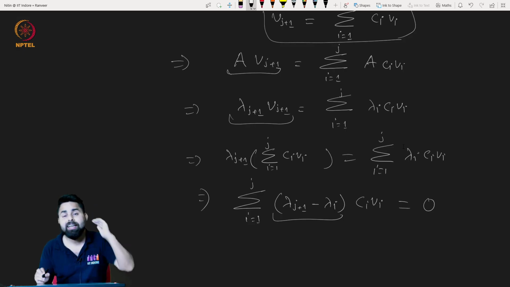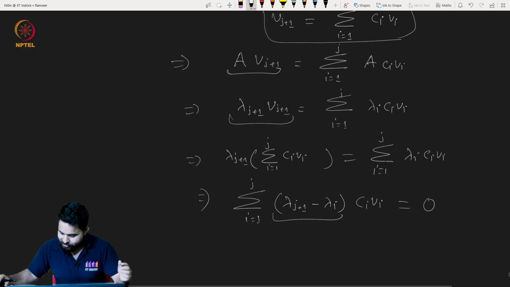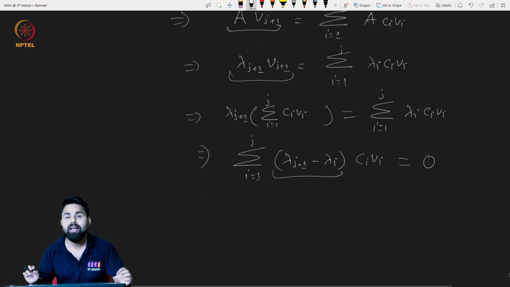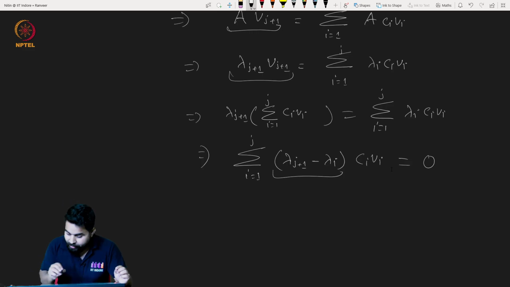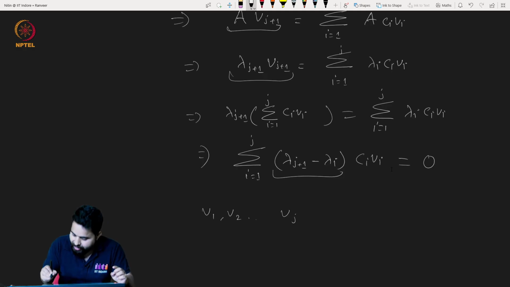Now you see that for any i, lambda_i is not equal to lambda_{j+1} because these are distinct eigenvalues. So this implies what? We have already seen that v_1, v_2 up to v_j are linearly independent.